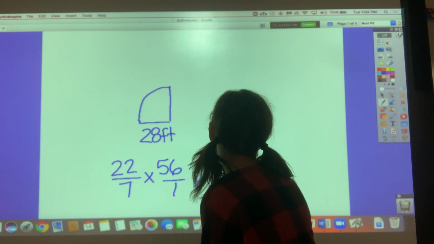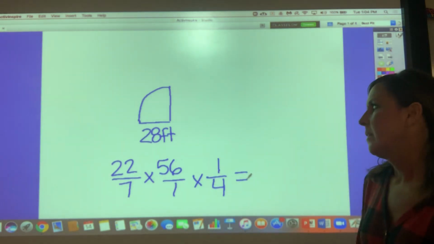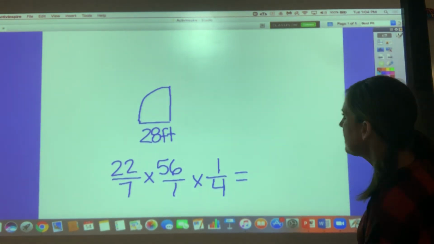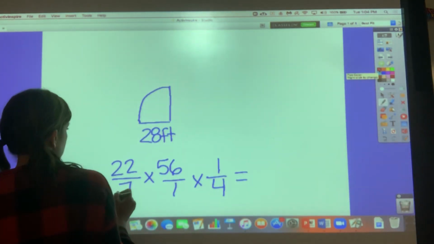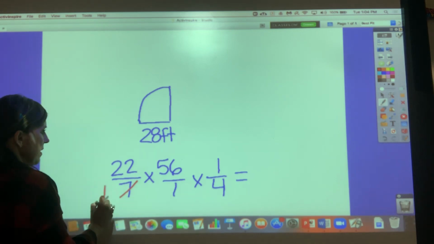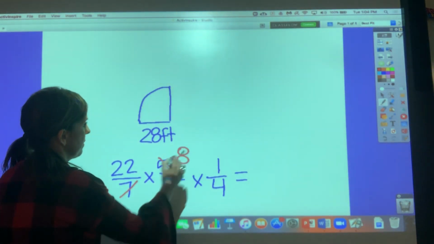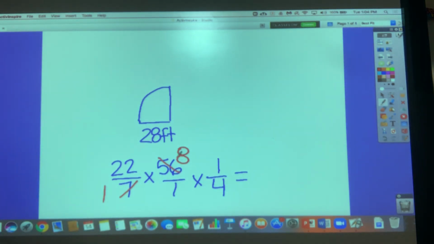Now, let's see what we can cancel. We can cancel the 7 and the 56. So 7 goes into itself once, and it goes into 56 eight times. Now we have a couple of choices here.